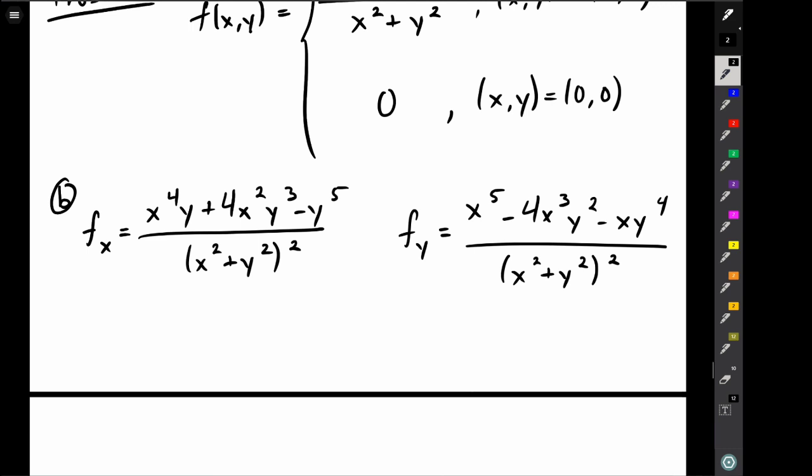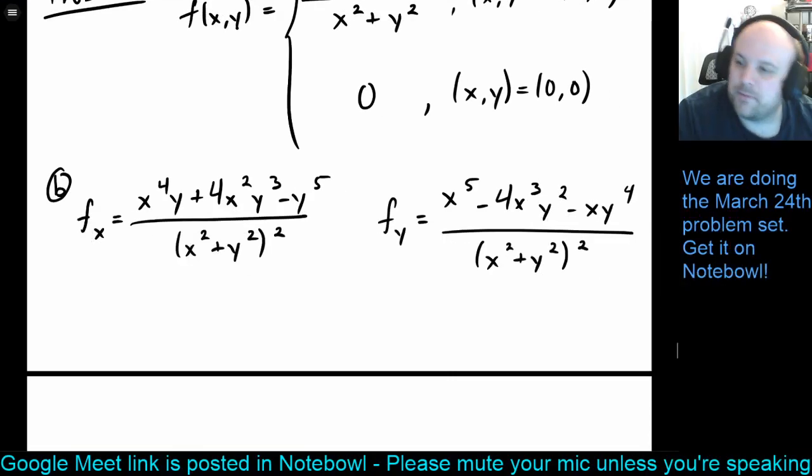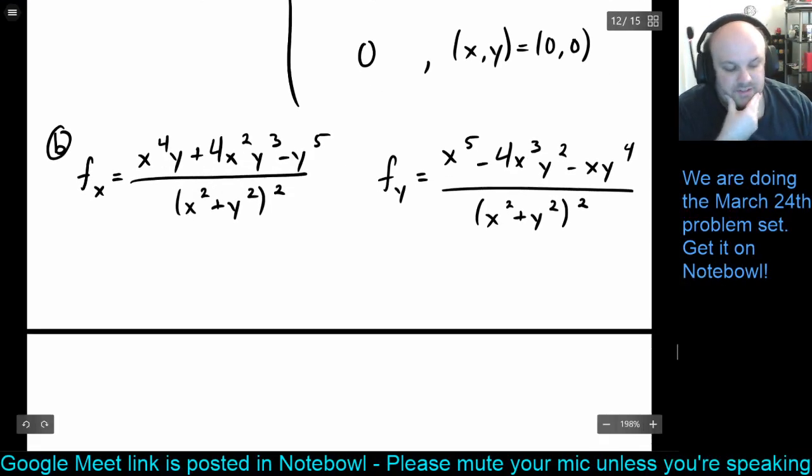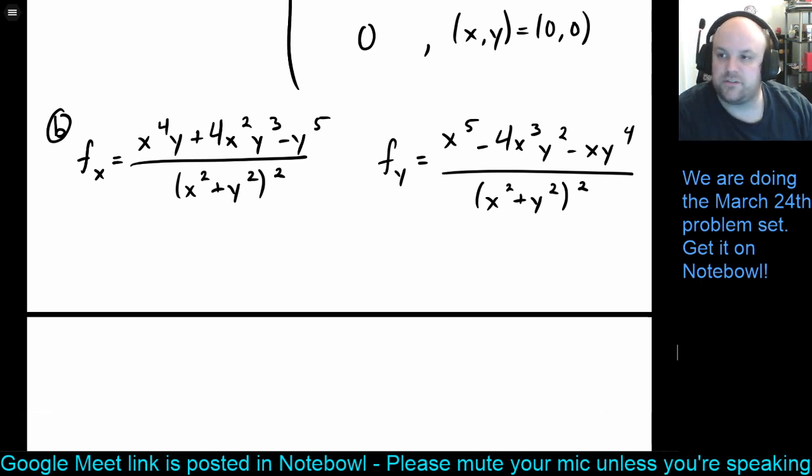Oh, I switched to the wrong one. I meant to do this one. All right, so these are the two first derivatives away from the origin.